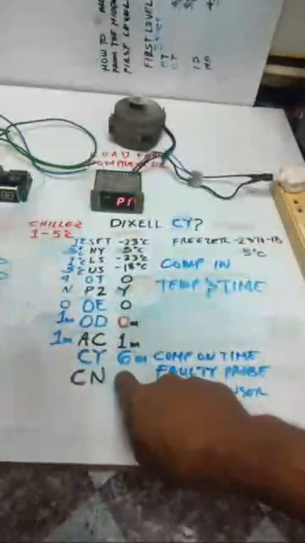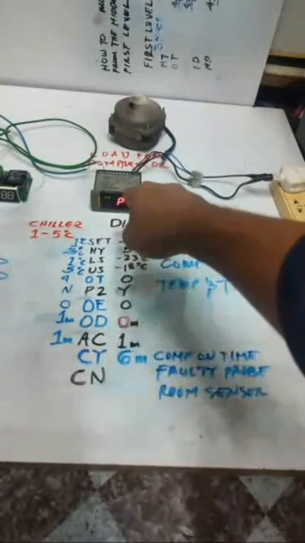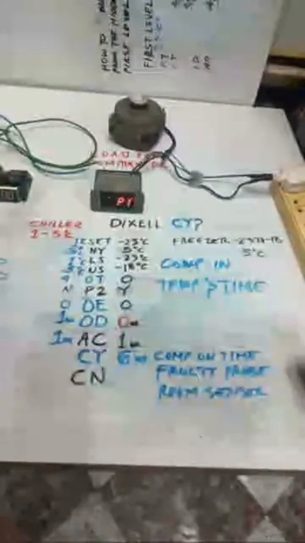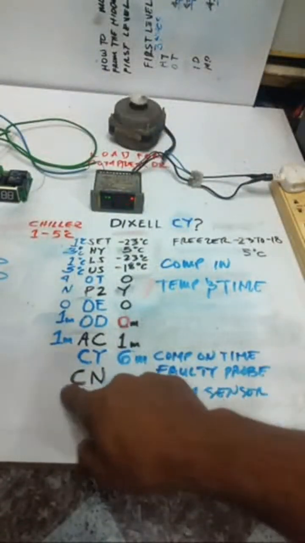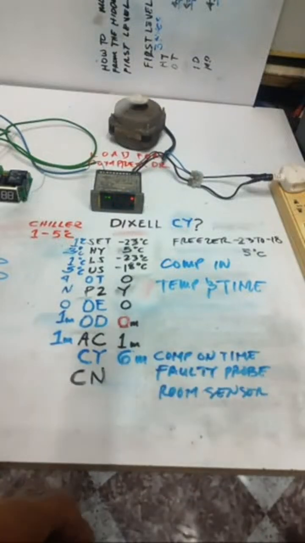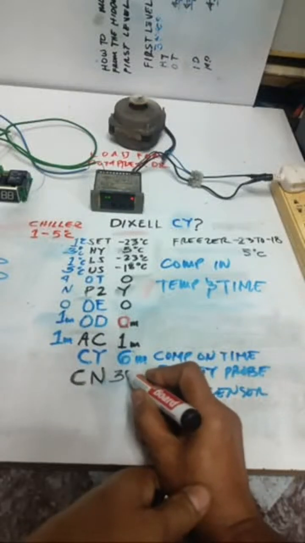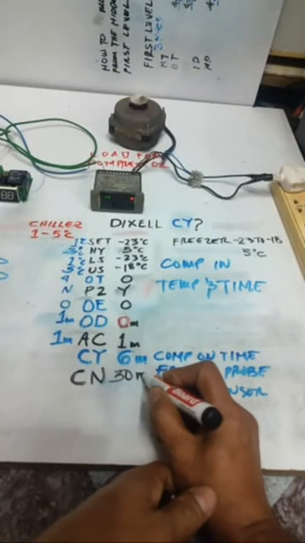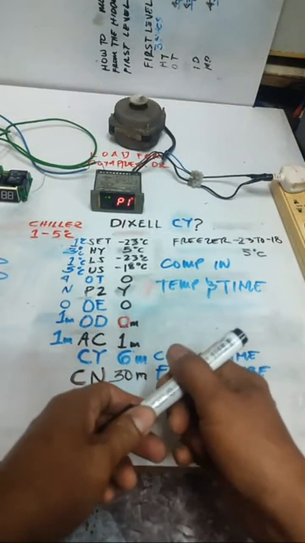So that's it. That one will run for 6 minutes, but if you don't have a value for the cutoff, that one keeps on, but you need to cut it off also. And that default is set to 30 minutes. After 6 minutes, it will turn off.